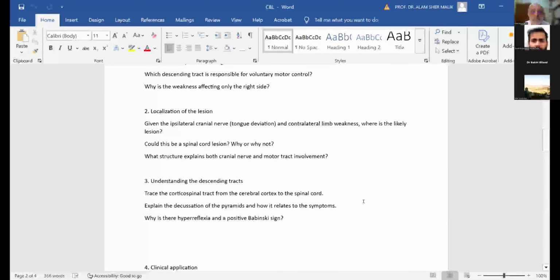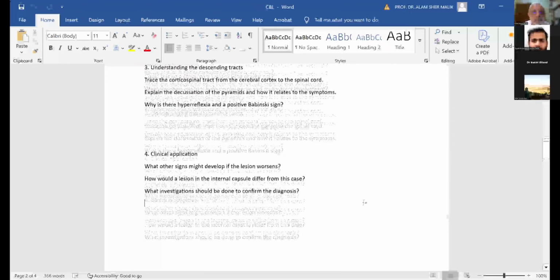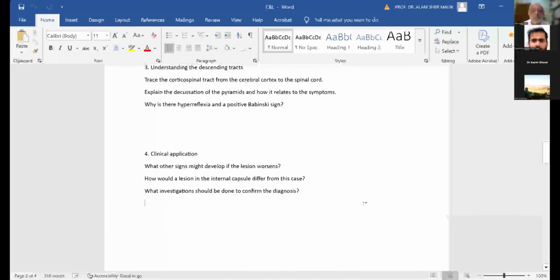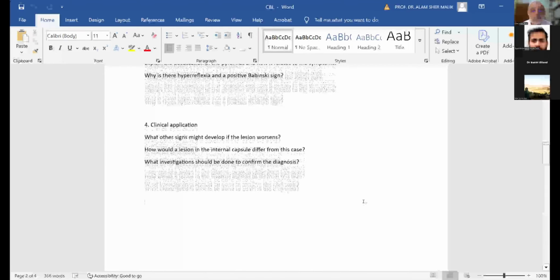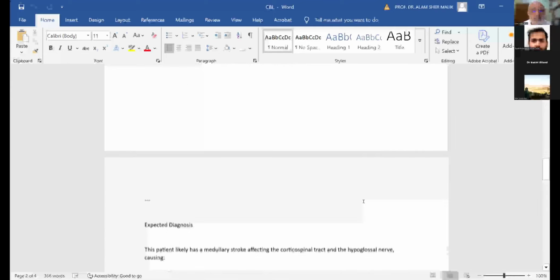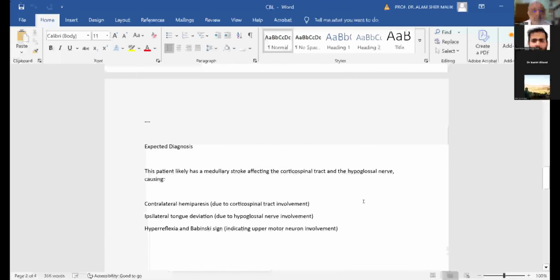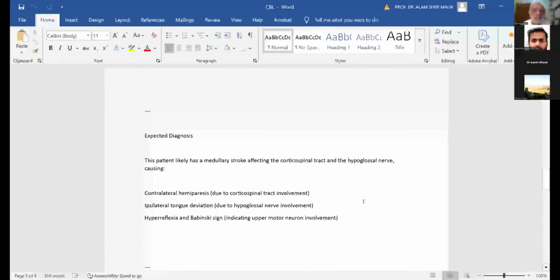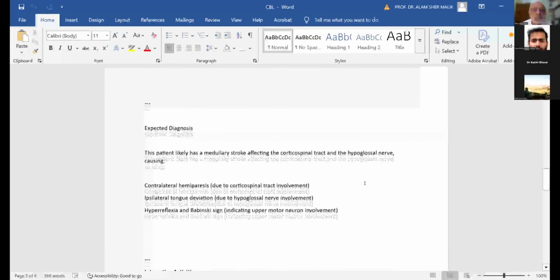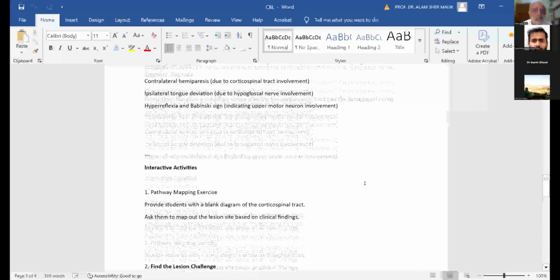For clinicals, they have to say what other signs may develop if the lesion worsens, and how a lesion in the internal capsule would differ from this case, because obviously they would have studied it, and what investigation should be done. And then there's going to be an expected diagnosis and interactive activities like a pathway mapping exercise and find-the-lesion challenges.